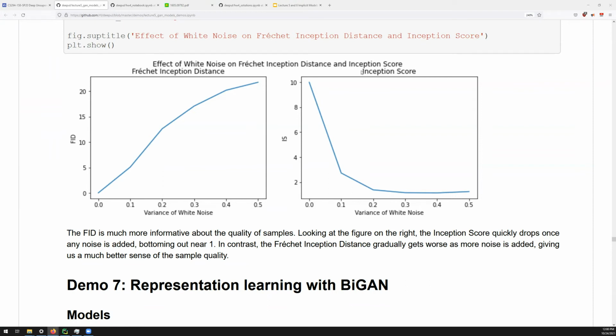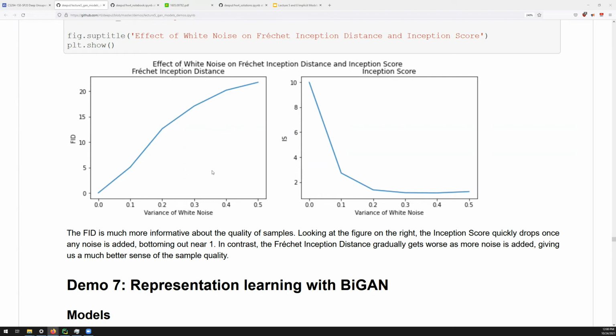Okay, and so this is the Inception Score. Sorry, the entropy goes down with the white noise, and then with Frechet inception distance, it goes up, but it goes up in a nicer way.